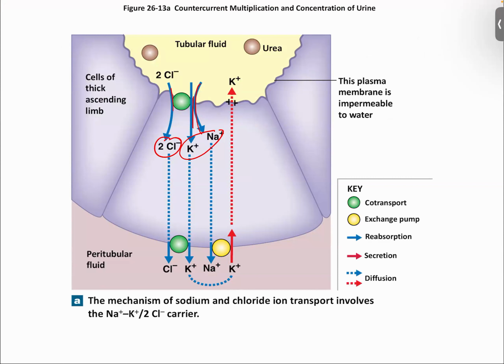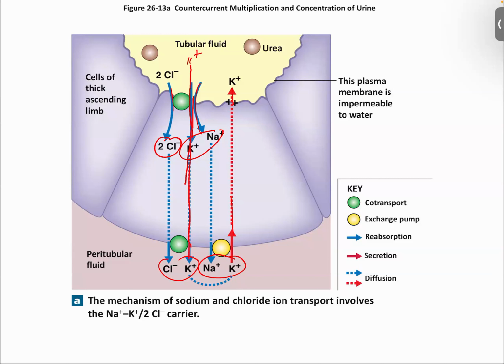Then those three will be involved in all sorts of stuff. For instance, the chloride and the potassium will co-transport in the peritubular fluid. The sodium will be involved in a sodium potassium pump, which will bring potassium in, where it'll leak into the tubular fluid. But basically, what's happened ultimately is that potassium has circled all the way around. Notice potassium started out in the tubular fluid, in the filtrate. It came in through this sodium potassium chloride pump.